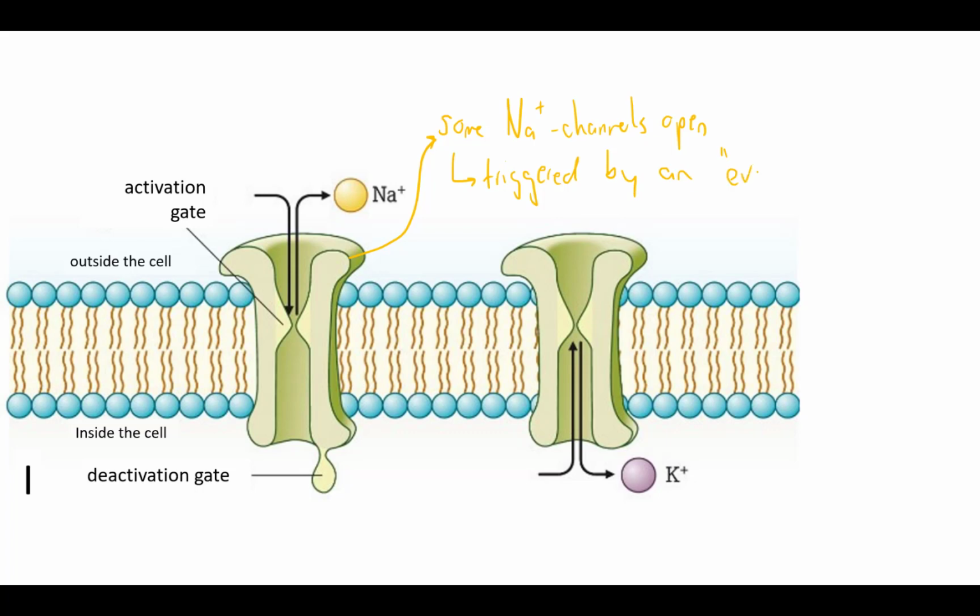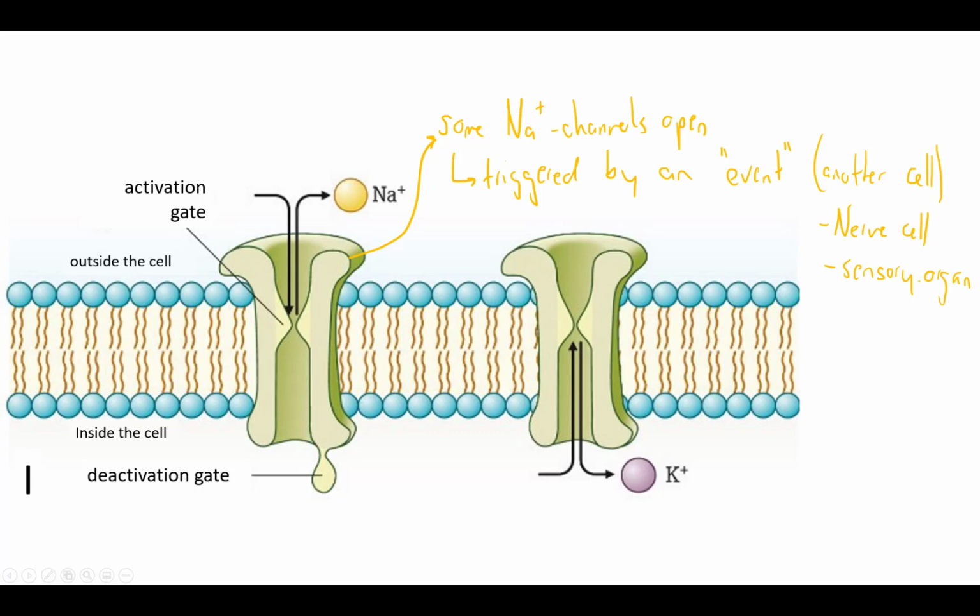So this event could be another cell, so a synapse actually sending a signal to this cell. So another nerve cell, or it could be a sensory organ like the eye or the ear, or a temperature sensor, etc.